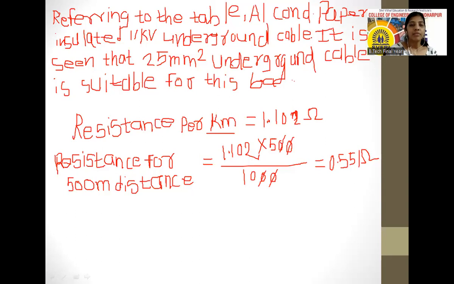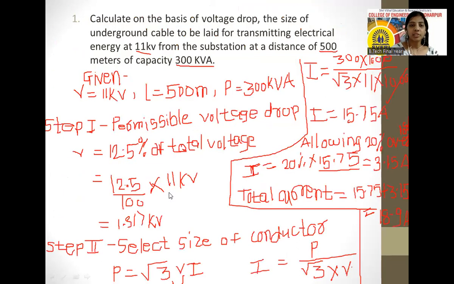Okay, so after finding the resistance, we can calculate the voltage drop. And that received voltage drop, we have to check is that voltage drop falling within the permissible voltage drop limit or not.